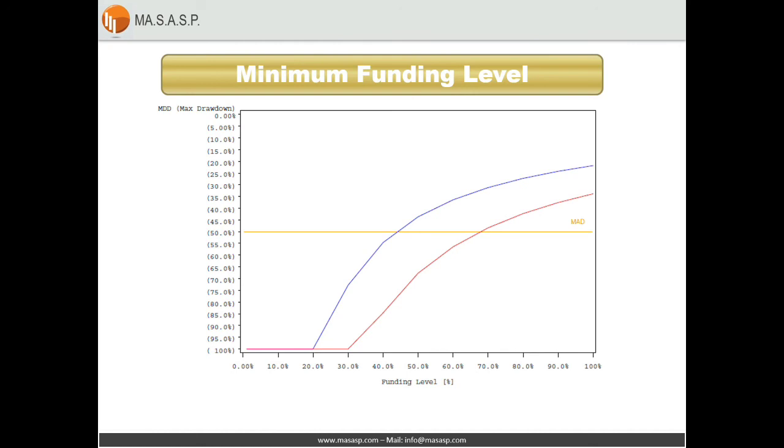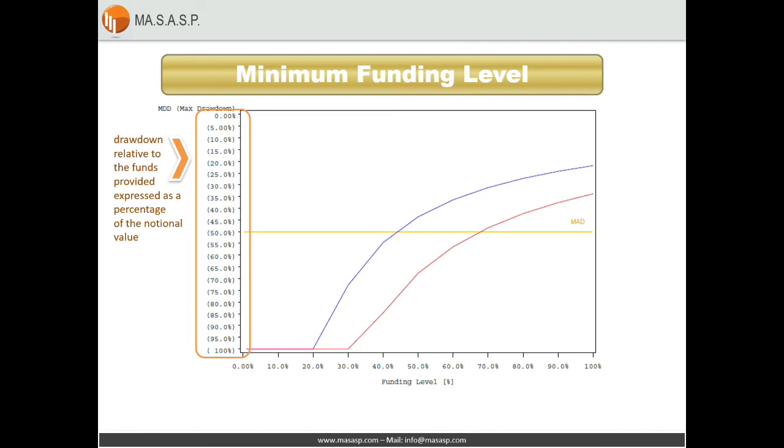So it goes from 0% to 100% to the right, which means no underfunding at all. The y-axis here instead reports the extent of the drawdown measured not with respect to the notional value, but with respect to the funds provided.